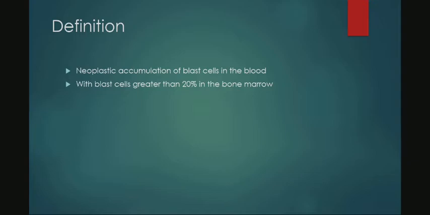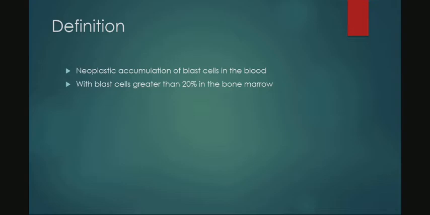And these immature cells can be detected when you do a blood smear. And this is where our discussion of acute leukemias comes from. By definition, acute leukemia is defined as a neoplastic accumulation of blast cells in the blood.